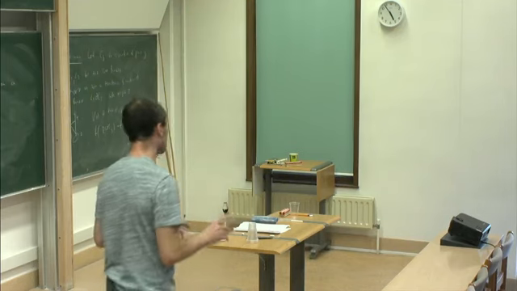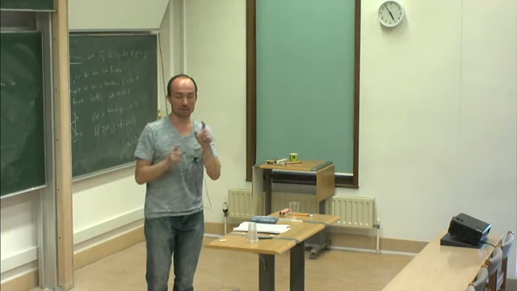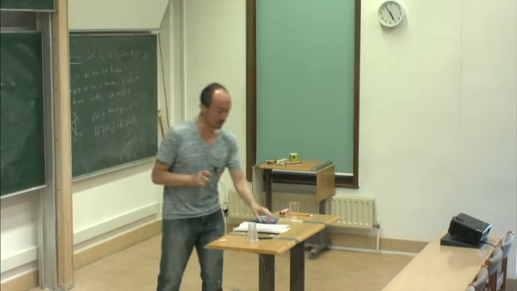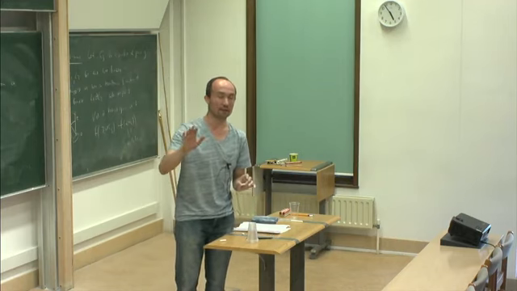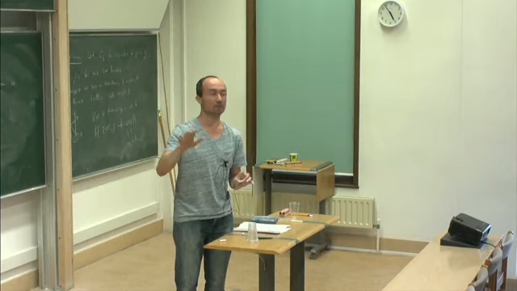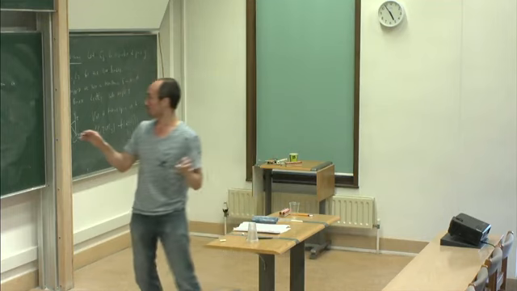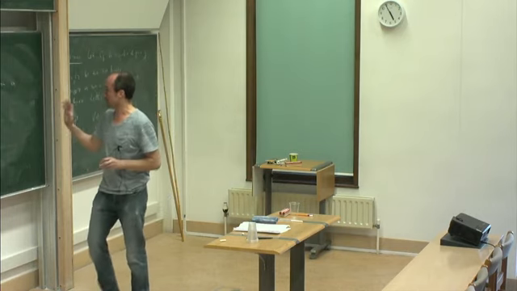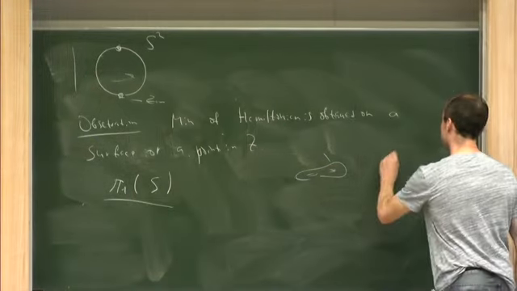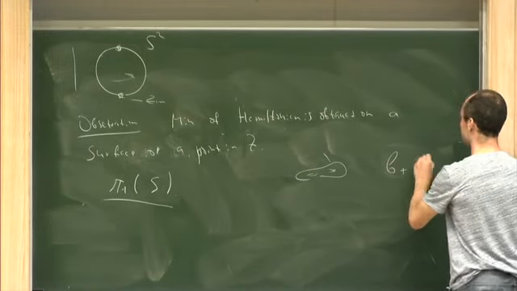Okay, so there are two things to prove, and somehow our proof is very similar to the differential geometry one, with the only difference being that there is no differential geometry, so there is no method. So basically, the next thing to prove is that b plus of this manifold is equal to 0.